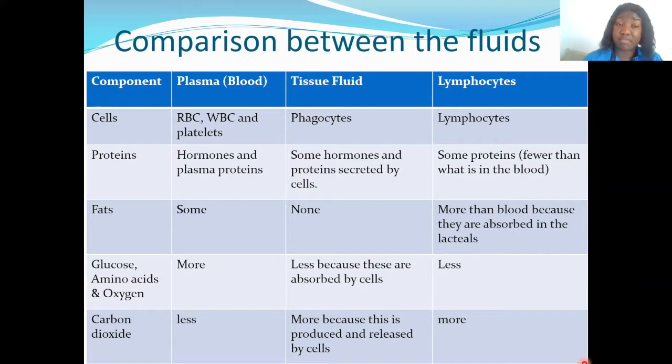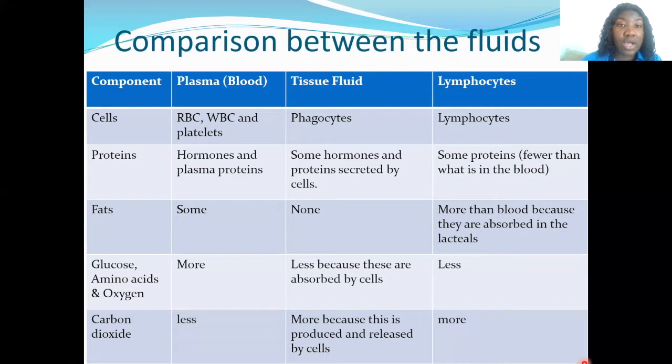Fats. There are some fats found in the plasma. There's no fats found in the tissue fluid. And of course, as we said, there would be more fats found in the lymph than in the blood, because of course it's absorbed in the lacteals, which we said is a lymphatic capillary.